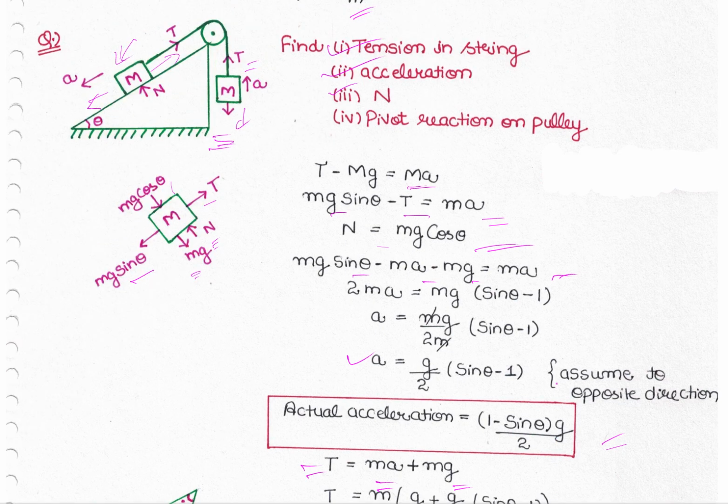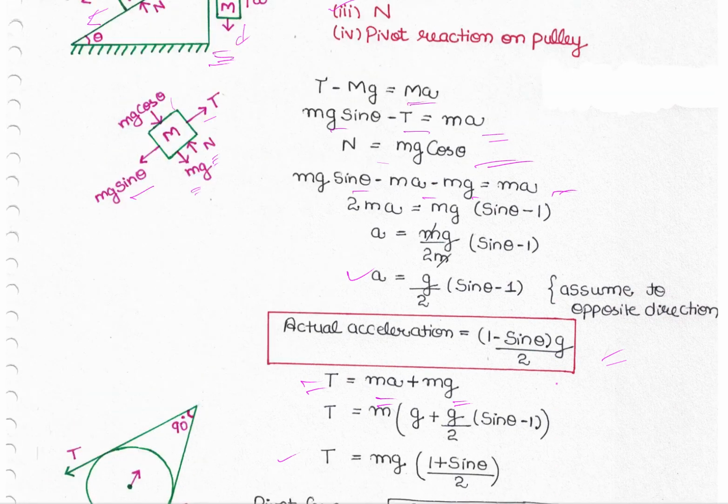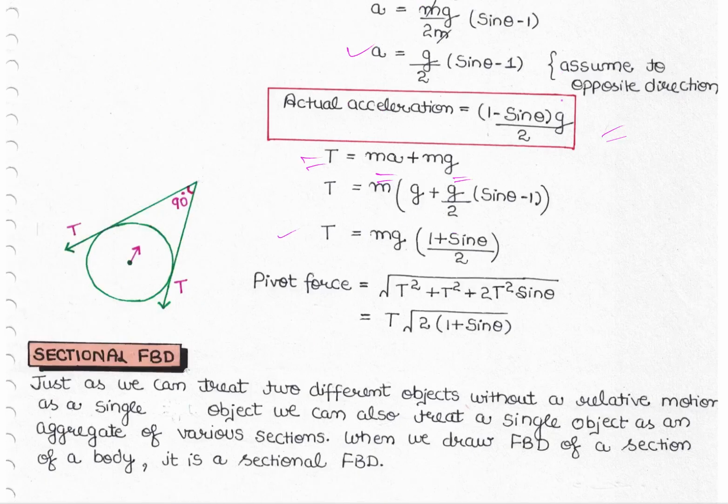Okay. Now it's a normal force. We already got this, N is equal to mg cos theta, which is number 3, and the pivot reaction on the pulley should be this, using this figure.